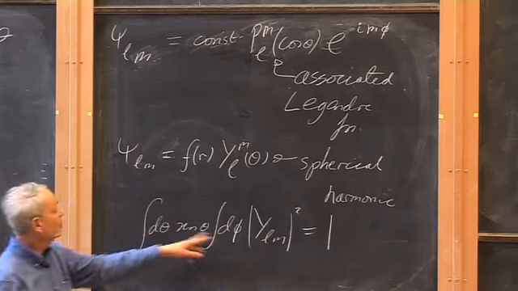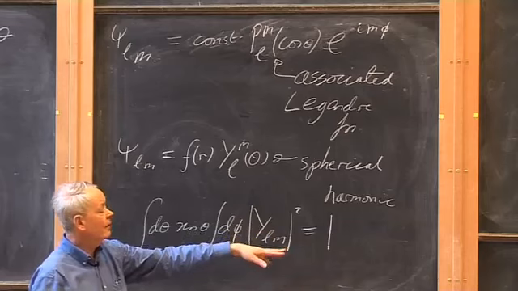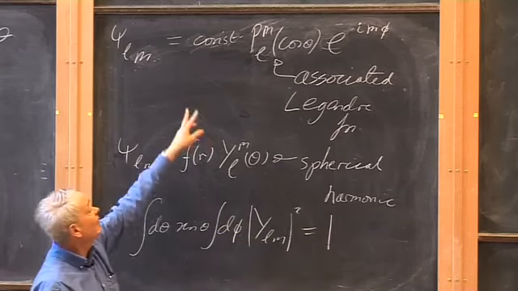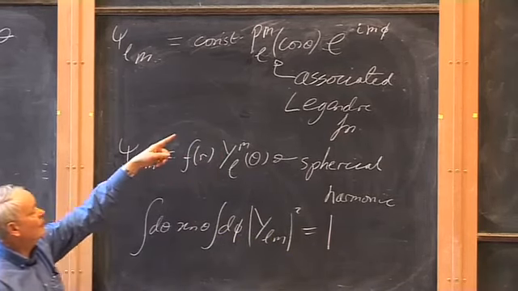So the Y_LMs are correctly normalized: if you mod square them and integrate them over the sphere, they come to 1. The P_LMs have a daft normalization.